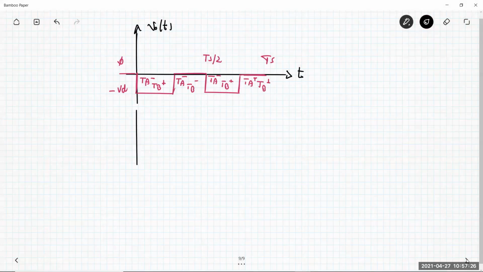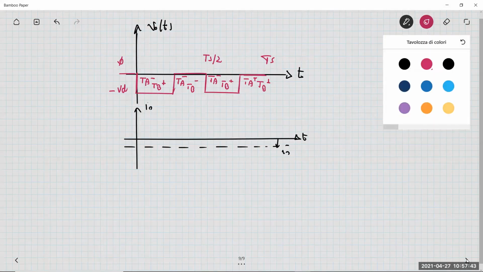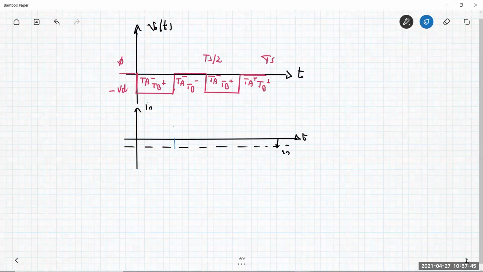The current can be, for example, I naught, average current negative, but not the total current is negative. For example, you can have something like this. Okay, so the maximum current is positive, the minimum current is negative, but the average is negative.